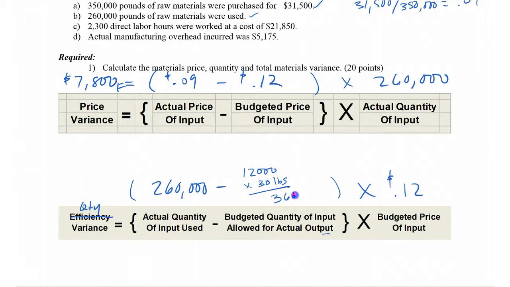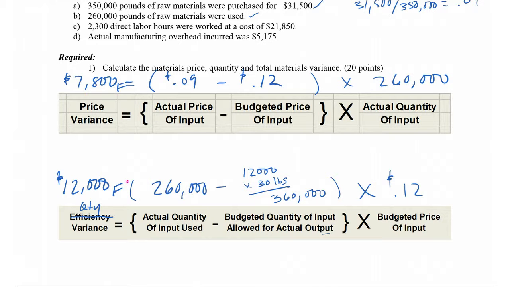That's a total of 360,000. So we used less than what we anticipated using. This is also a favorable variance. So there's a 100,000 pound difference times 12 cents, which is a 12,000 favorable variance.